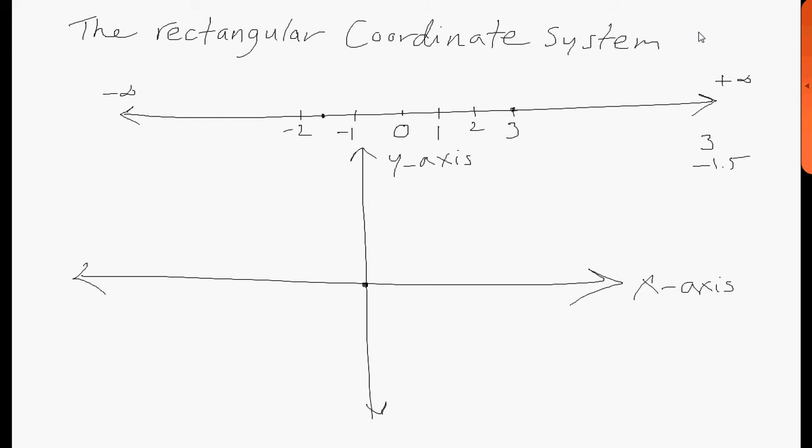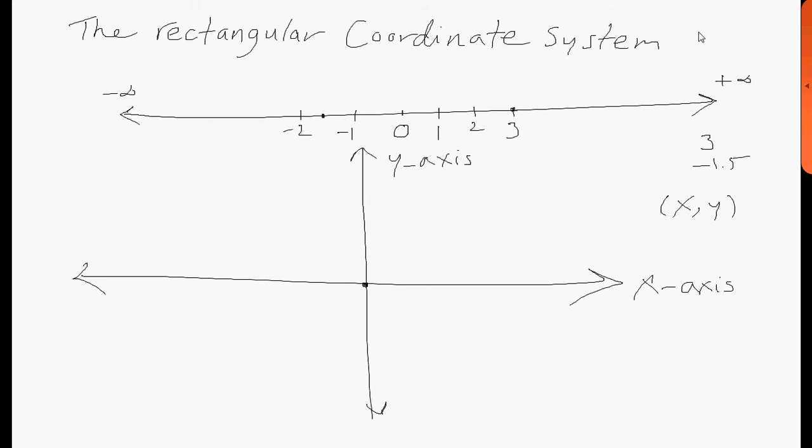Now, any point on this two-dimensional space, which is also called the Cartesian plane or the rectangular coordinate system, can be described with an ordered pair of numbers, x and y.